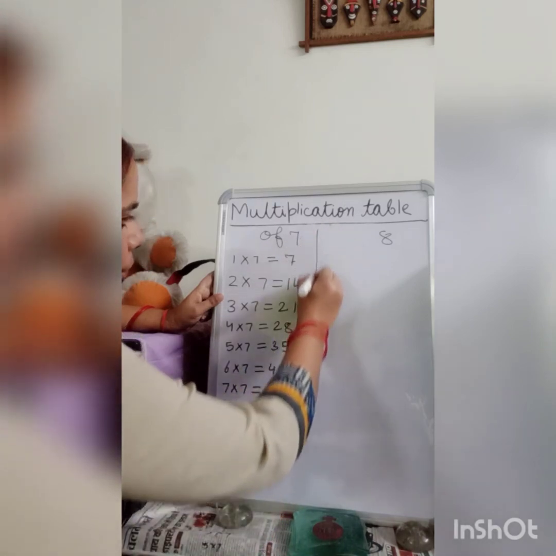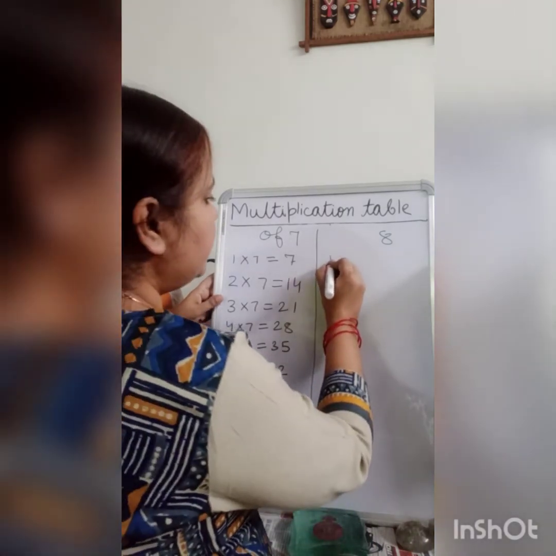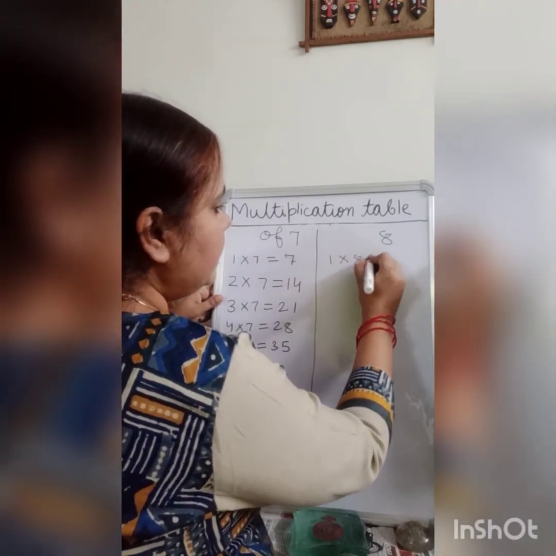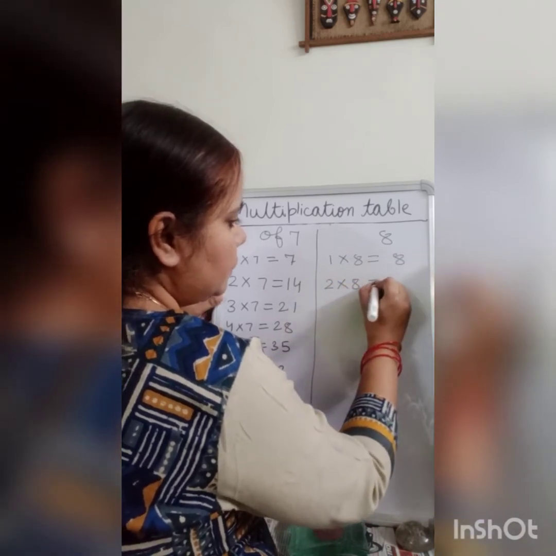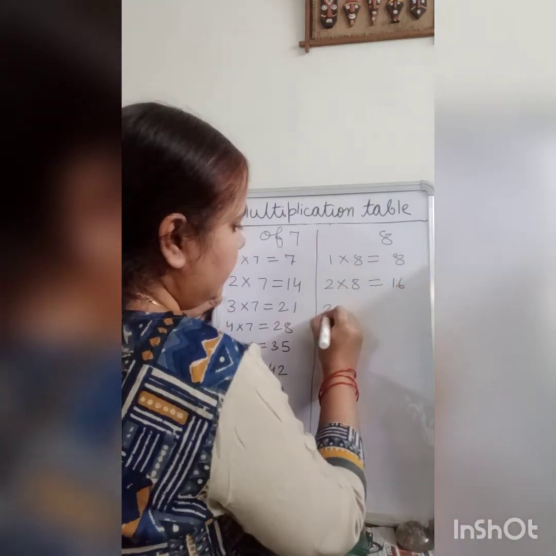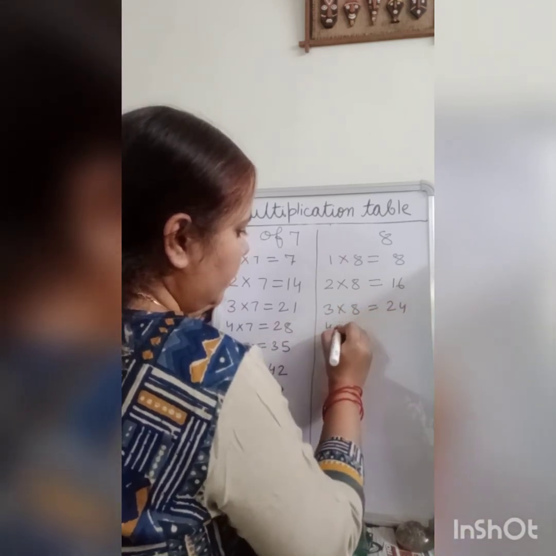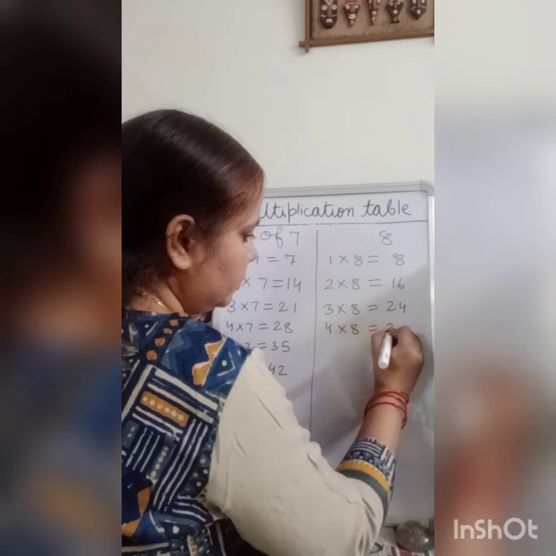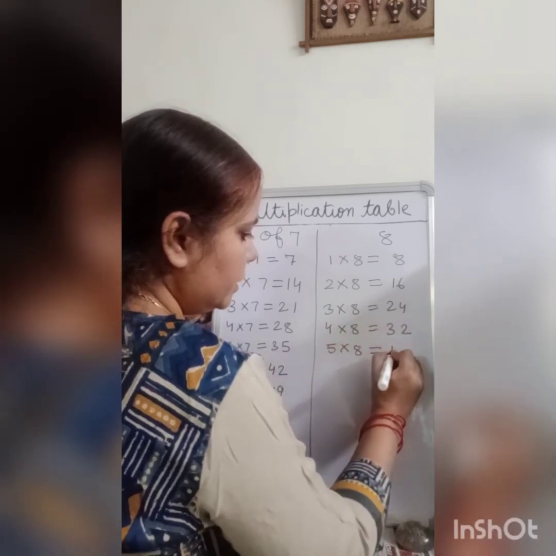Are you repeating after me, children? Please repeat after me. 1 times 8 is equal to 8. 2 times 8 is equal to 16. And 3 times 8 is equal to 24. And 4 times 8 is equal to 32. And 5 times 8 is equal to 40.